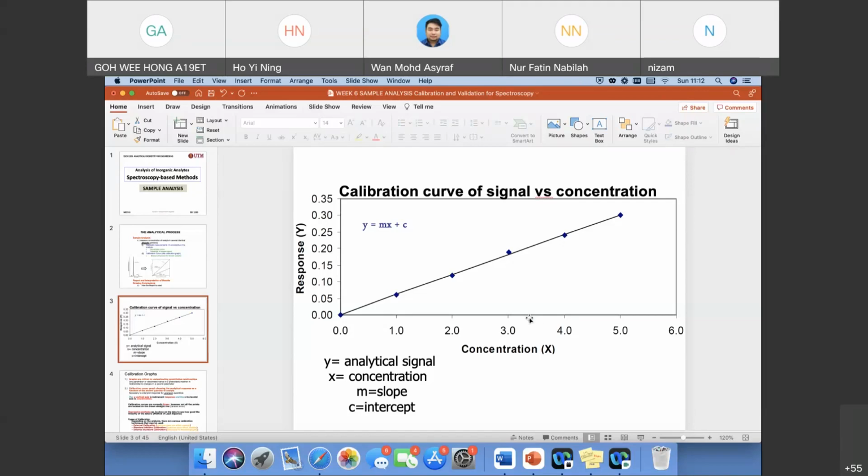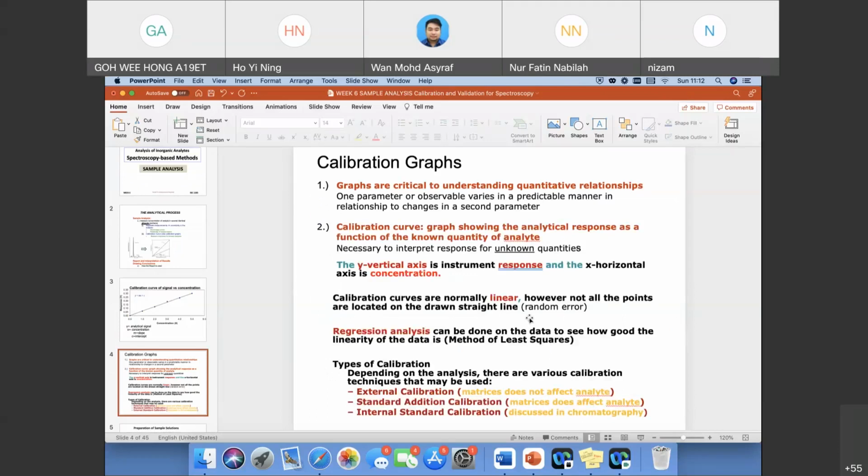All right, so I will continue on the calibration graph. This is the explanation of the calibration graph which I have explained before. The calibration curve is a graph showing the analytical response as a function of the known quantity of the analyte. So known quantity here. It is necessary to interpret the response for unknown quantities.